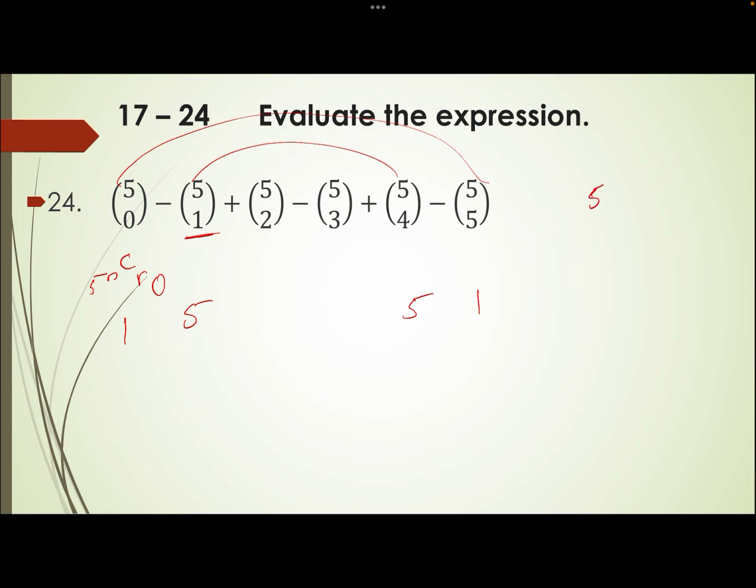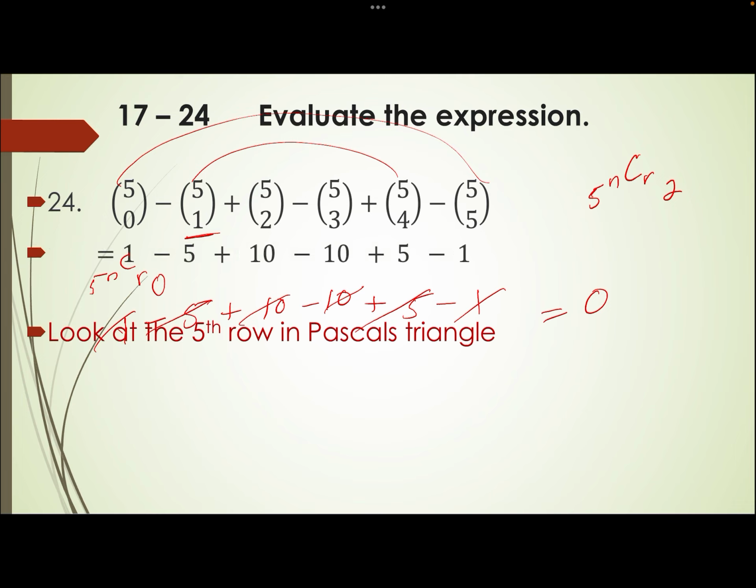So you can do one of them and you get 10. But then we put in these minus and plus signs and we end up with 1 minus 5 plus 10 minus 10 plus 5 minus 1. And the answer to that one is 0. Or you can just look at the 5th row in Pascal's triangle.